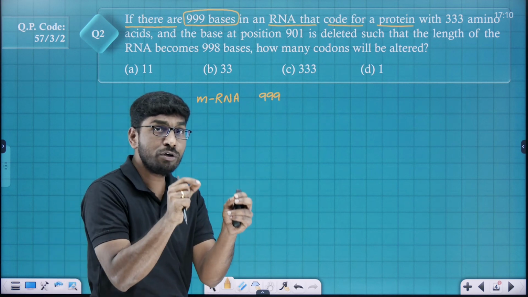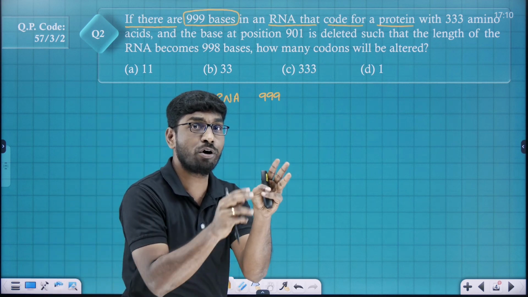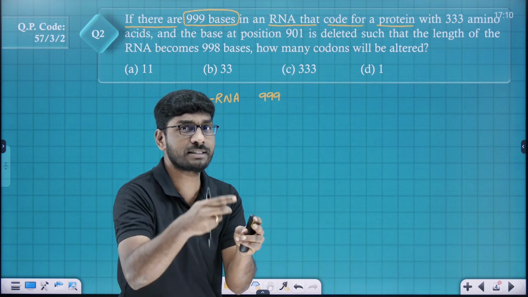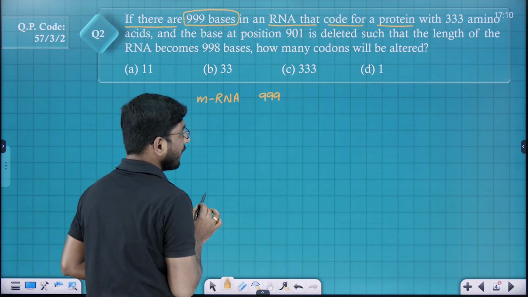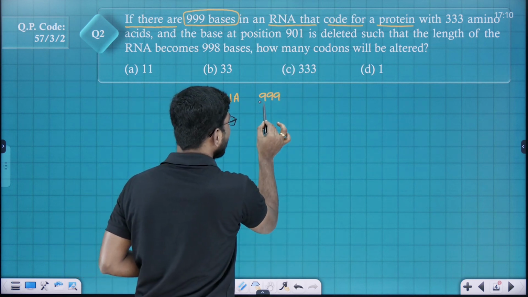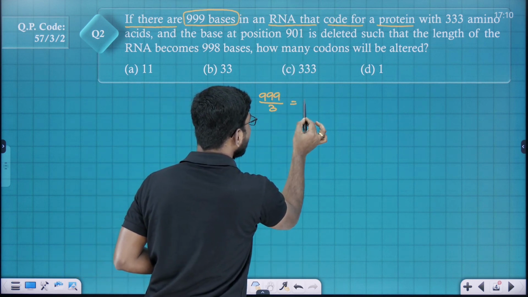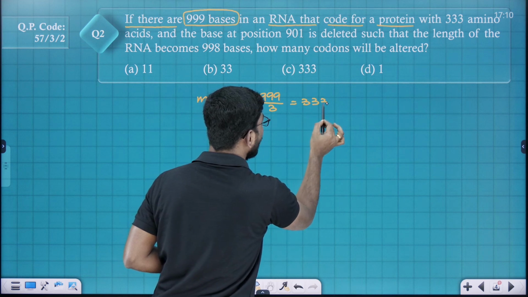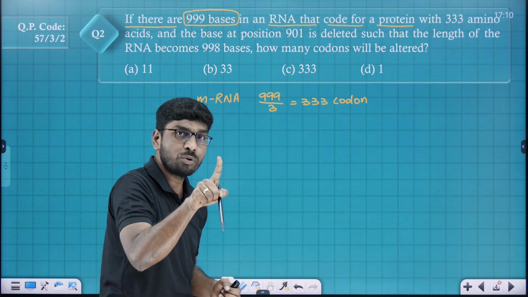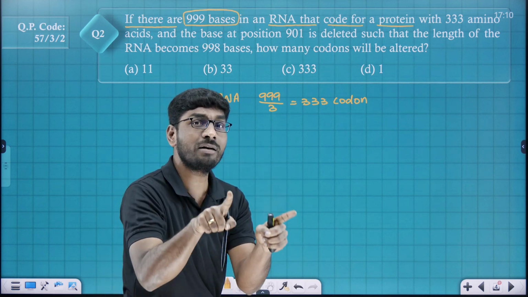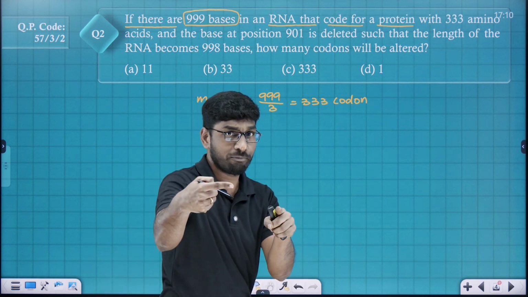We know 3 nucleotides or 3 nitrogenous bases become one codon. So total 999 nitrogenous bases divided by 3, I can write 333 codons. One codon equals one amino acid.